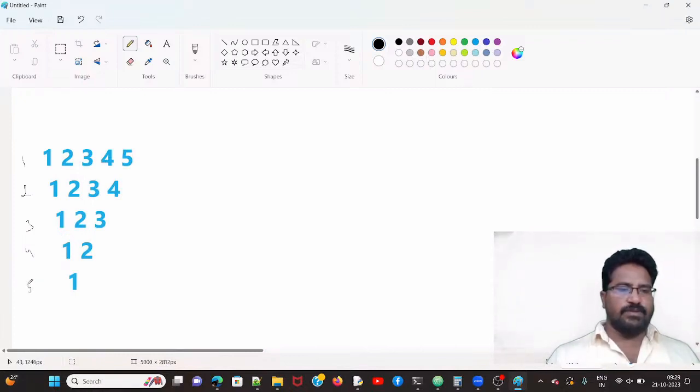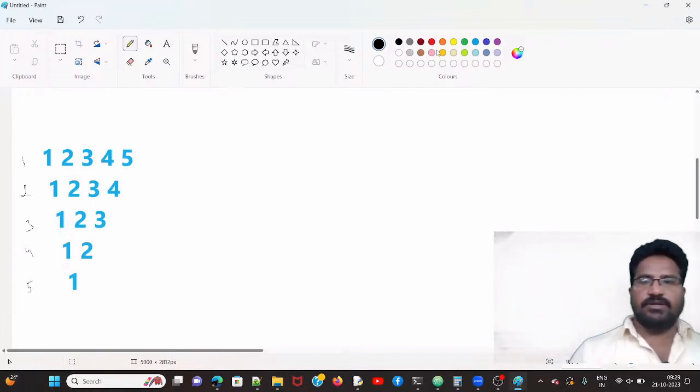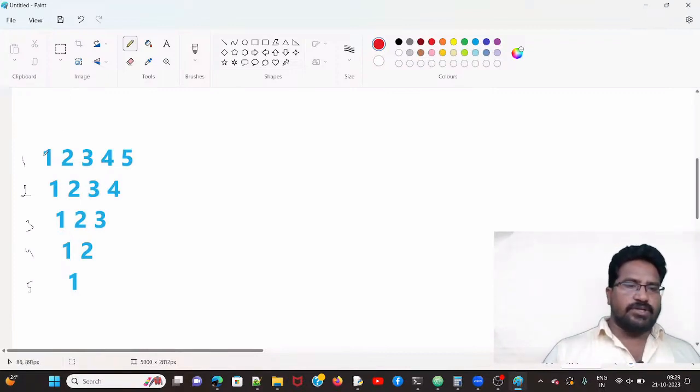When I is 1, J has no iterations. When I is 2, J has 1 iteration. When I is 3, J has 2 iterations. When I is 4, J has 3 iterations. When I is 5, J has 4 iterations. 1, 2, 3, 4 means 4 spaces.